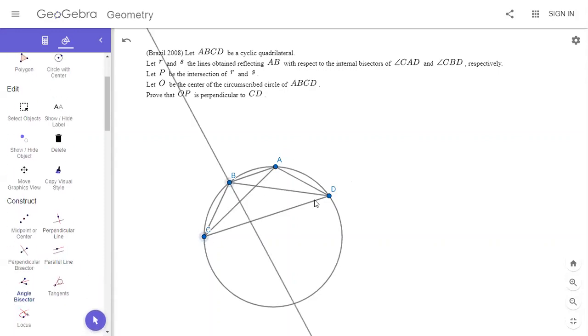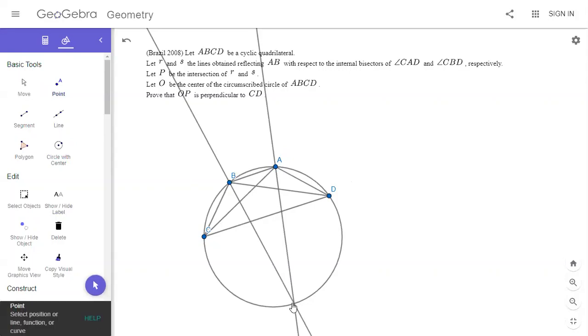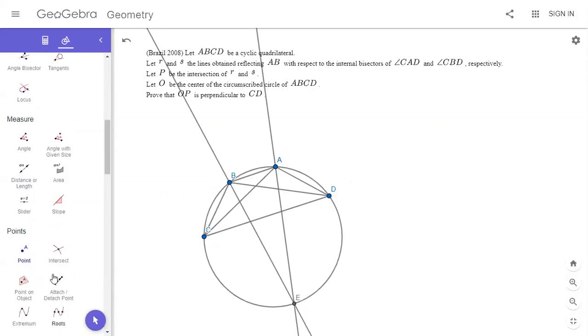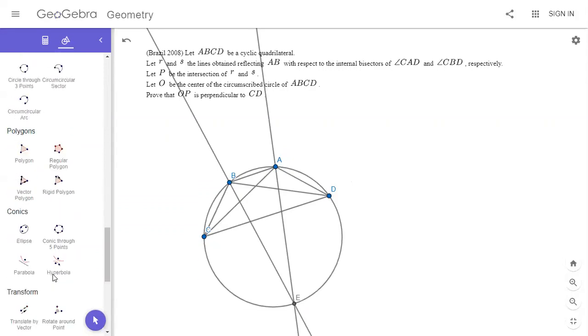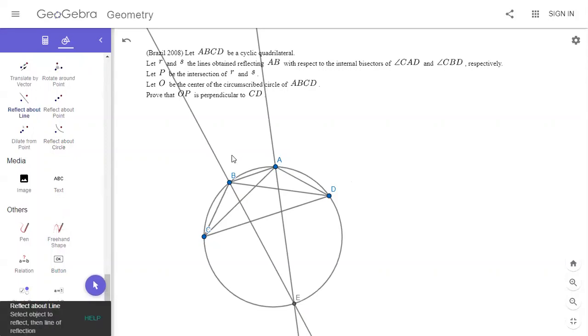Right, so let's draw the two angle bisectors, and then they meet on the circle, obviously, and we can reflect them through those two angle bisectors.